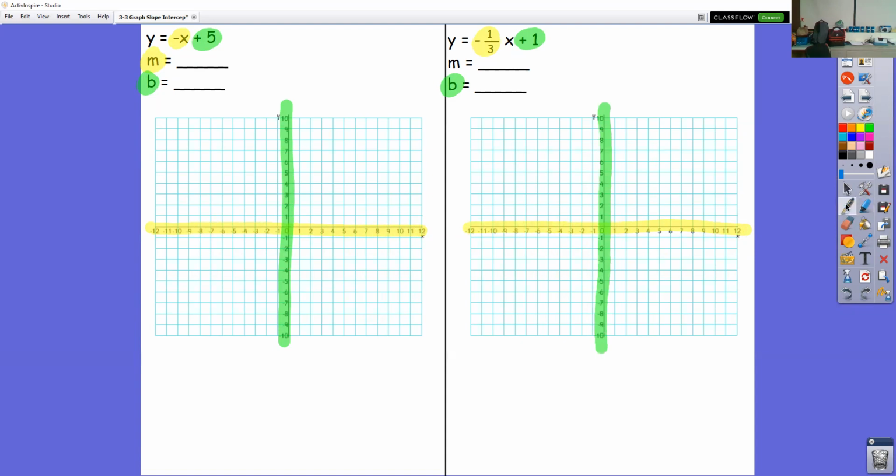Okay, so no number but -x, so that'd be -1/1. So we go down 1 and 1 to the right, starting at +5. Then the y-intercept starts at +1, and the slope is -1/3. So we go down 1 and 3 to the right.